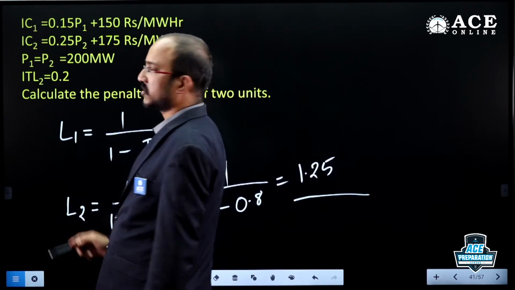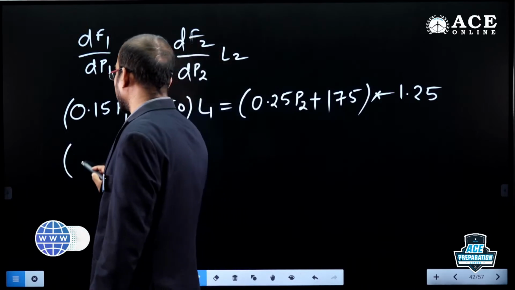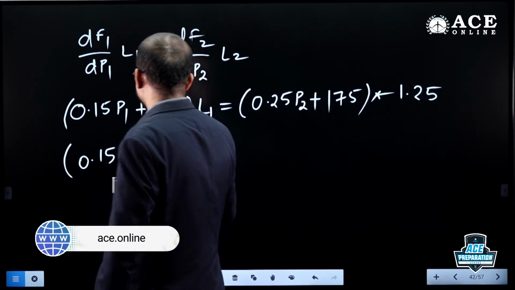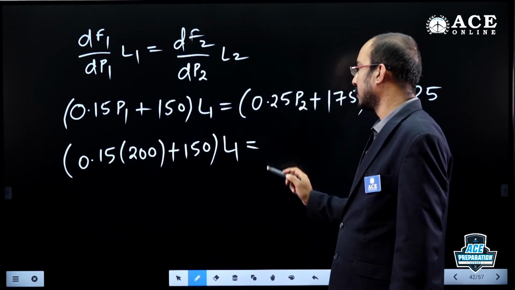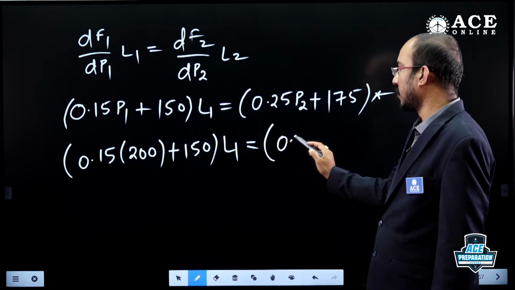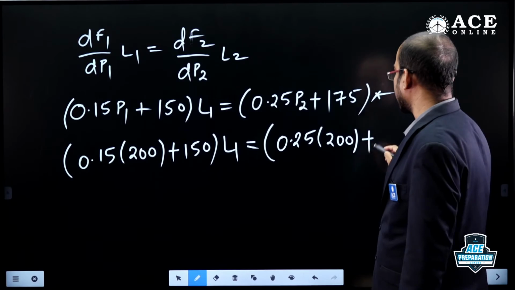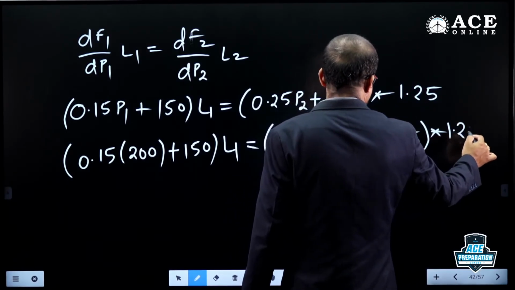P1 and P2 generation schedule is already given as 200 megawatt. So 0.15 into 200 plus 150, into L1, is equal to 0.25 into 200 plus 175, into 1.25.